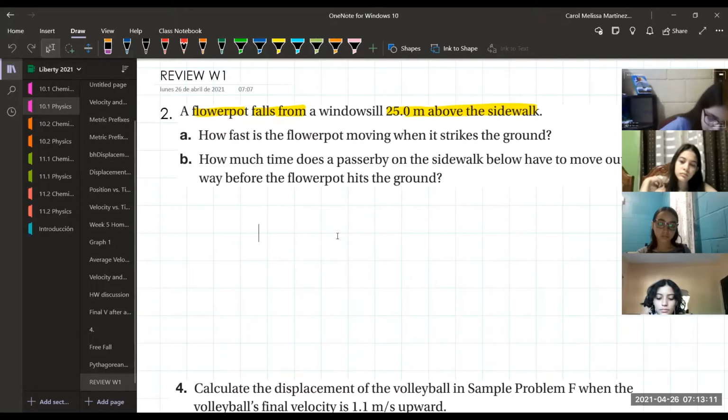So I imagine that I have a kind of a building, okay?